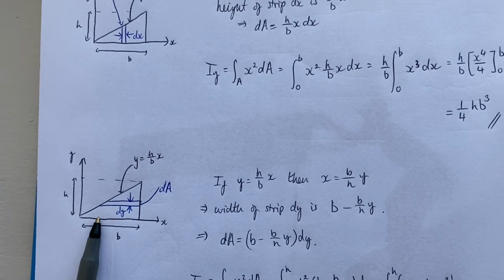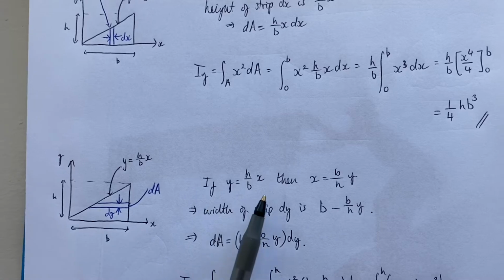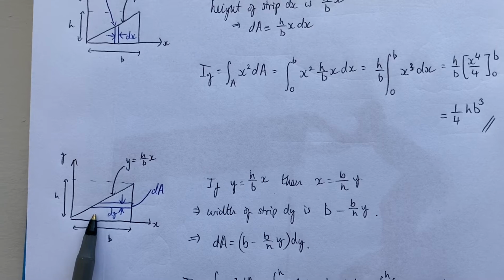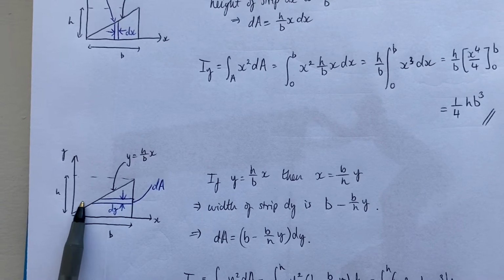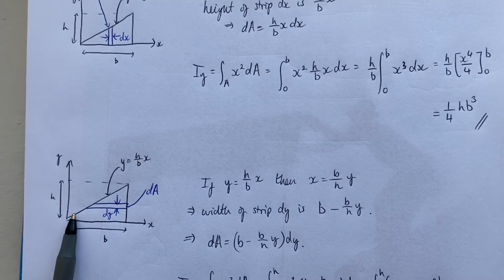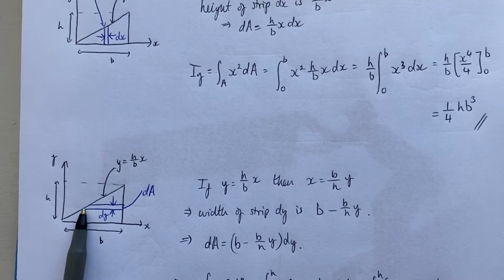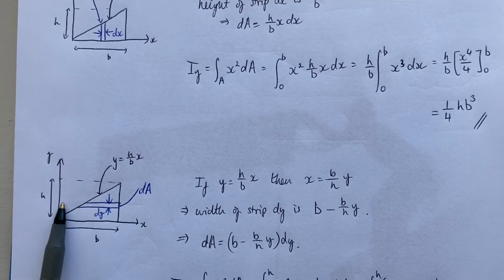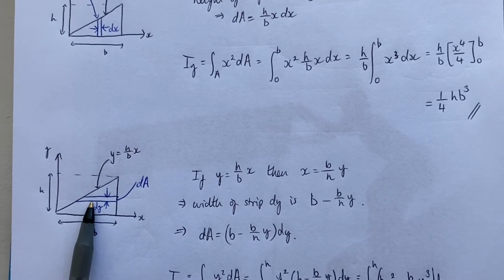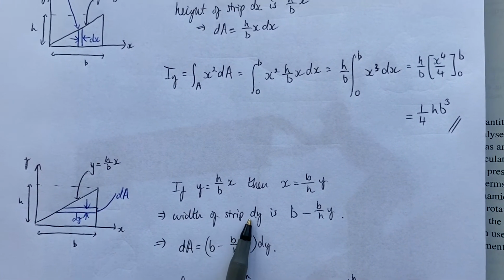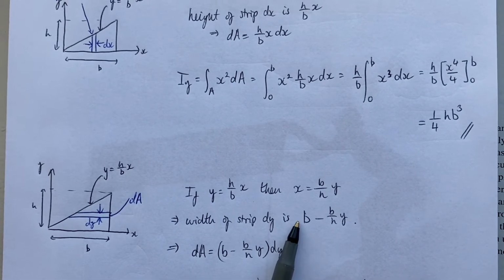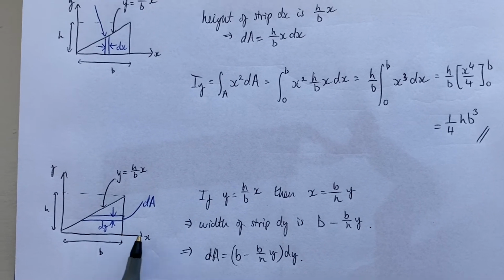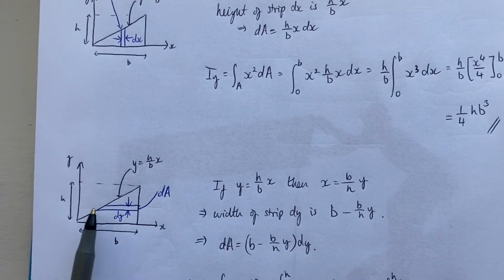If I take any x along the x-axis here and plug it into this equation to find the width of this given strip, I'm going to be finding this distance here between the y-axis and my point x that I'm choosing. So to get this side, I need to take b and subtract that, right, to get this. So the width of a strip dy at any given x position is b, which is the total length of the triangle, subtract this piece, which is this piece in here.